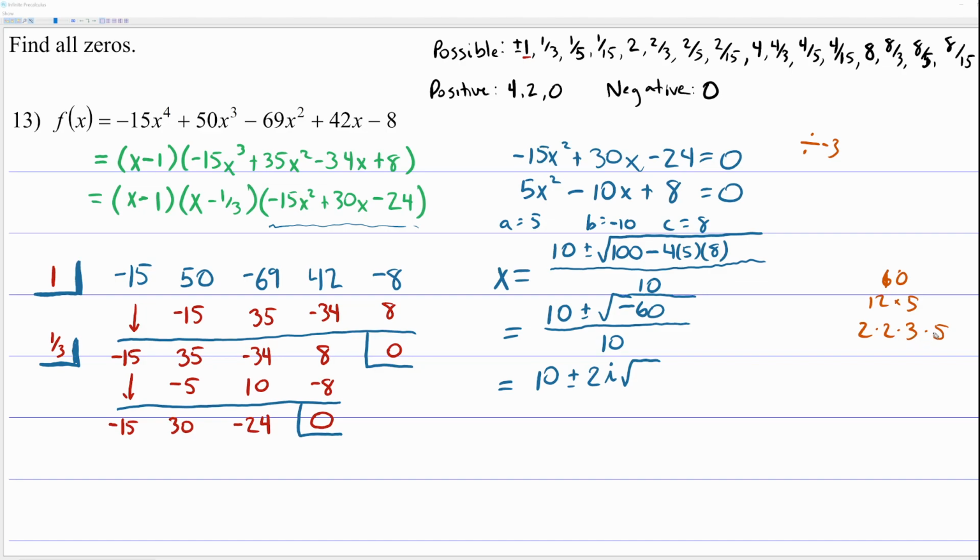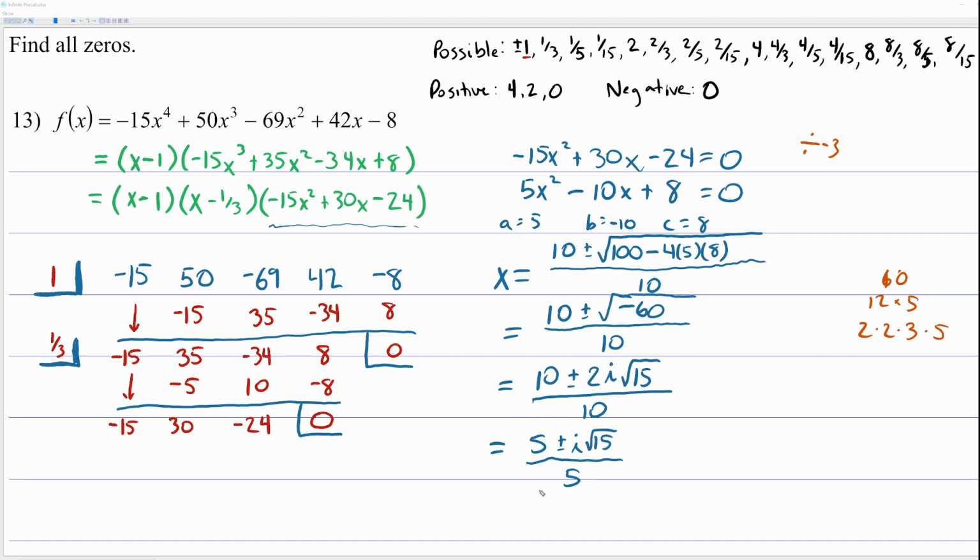There's a 3 and a 5, because we took both of the 2's out. 3 times 5 is 15, all over 10. And then, since both terms in the numerator are multiples of 2 and the denominator is a multiple of 2, we get this beautiful couple of answers. 5 plus or minus i root 15 all over 10 divided by 2 is 5.